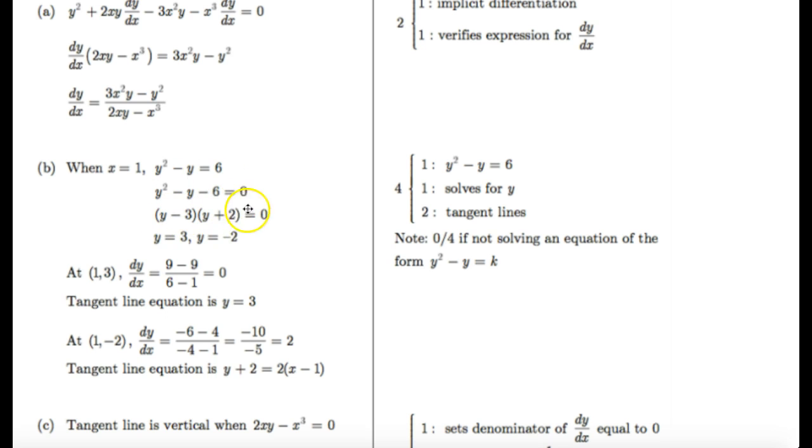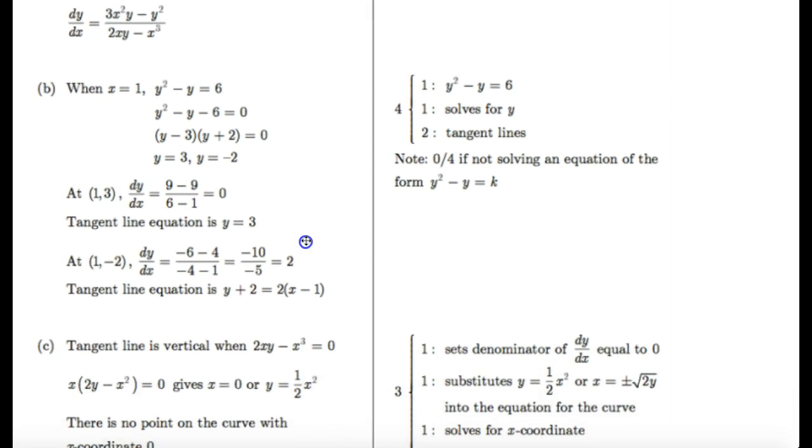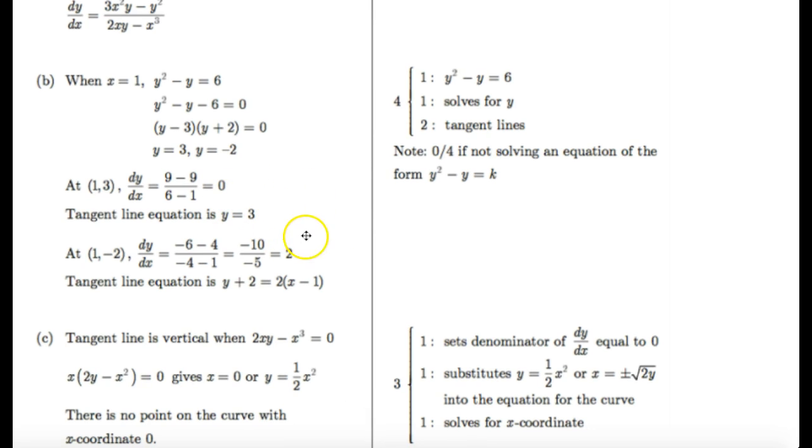That's just a quadratic. Correctly solving there and getting y equals 3 and y equals negative 2, that was another point. Then finding our slopes and writing the correct tangent lines, those were another point each. So part B here was worth 4 points.